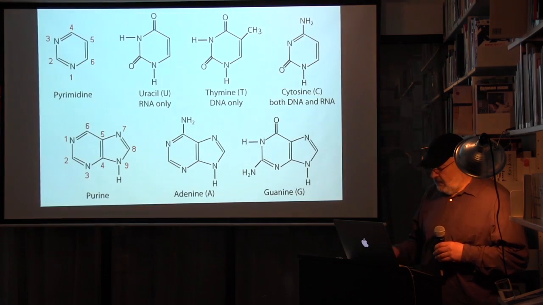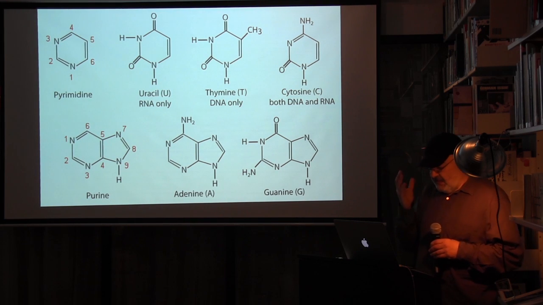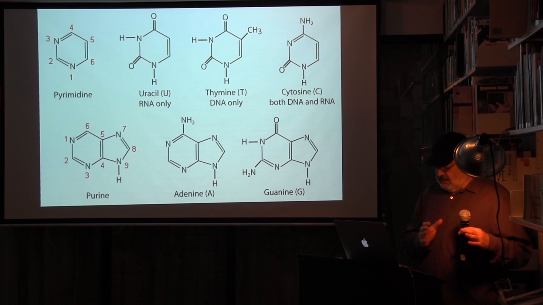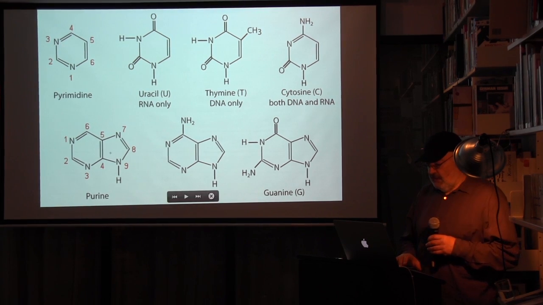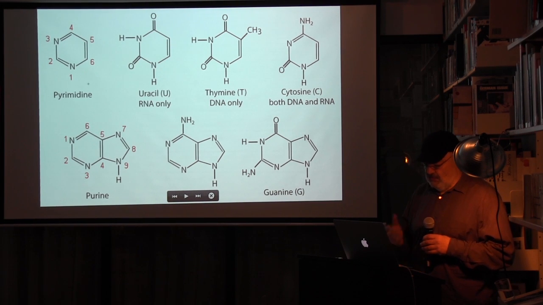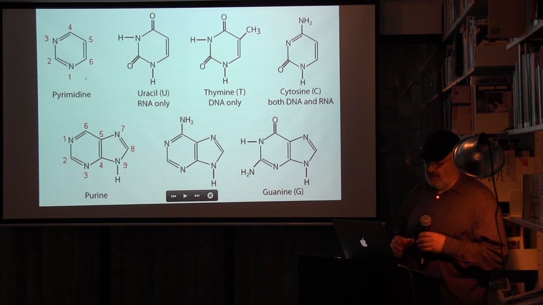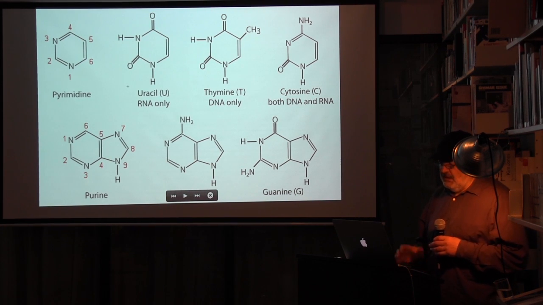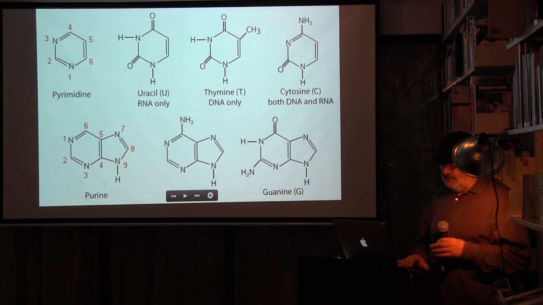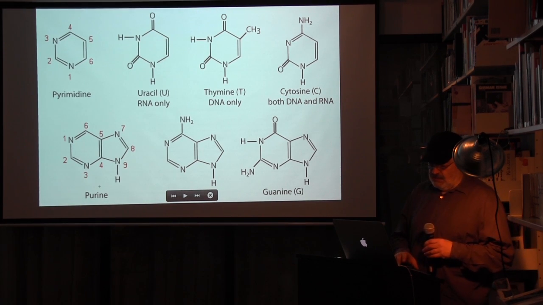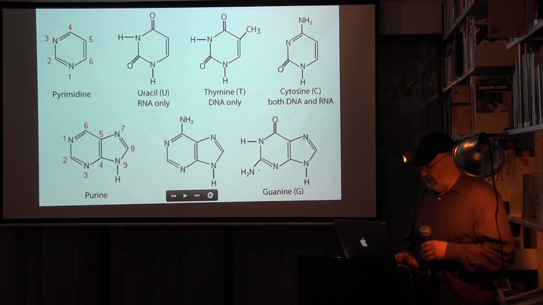Now, these are chemical structures of these 5 bases, 4 that play a role in the DNA and 4 that play a role in RNA. And we see that there is one kind of hexagonal ring structure, pyrimidine, in which are uracil, thymine, and cytosine, and another is a double ring structure, purine, in which are adenine and guanine.